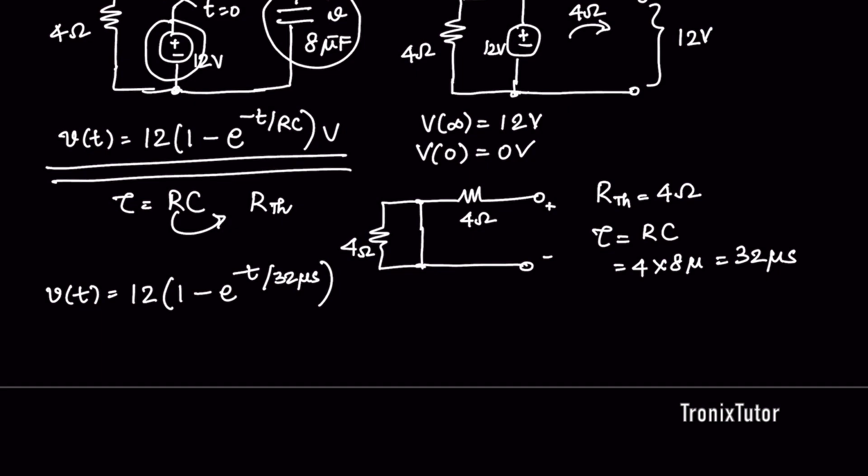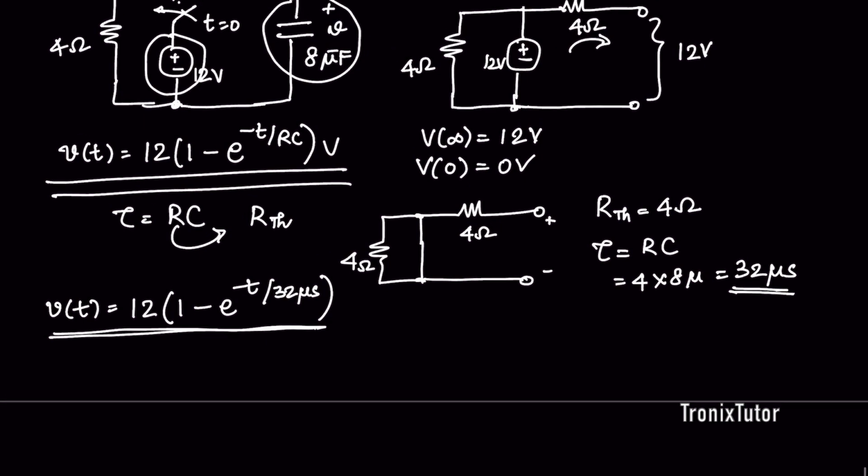Now let's think about what's going to happen. We're asked to find the voltage at 100 microseconds. Because the time constant here is 32 microseconds, we expect that within one time constant the capacitor charges up to 69% of its final value. When you have 3 time constants, you expect the voltage to be pretty much close to the final value.